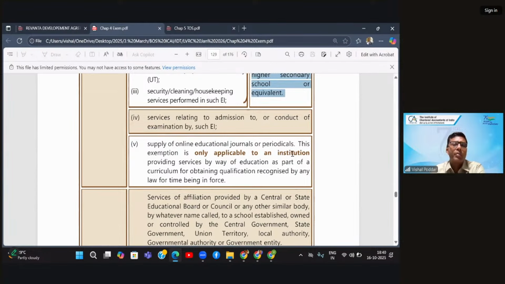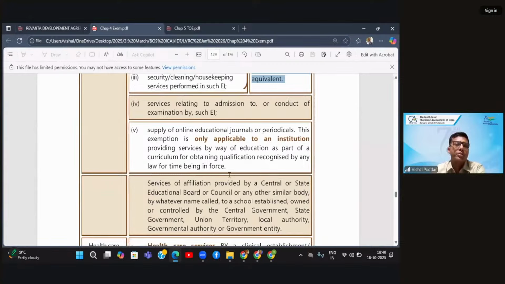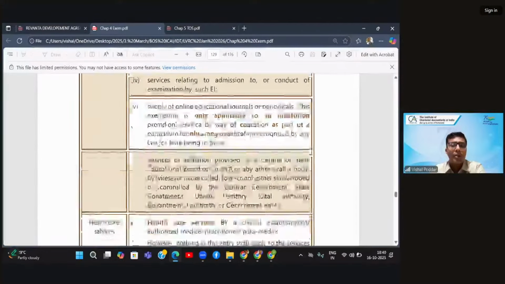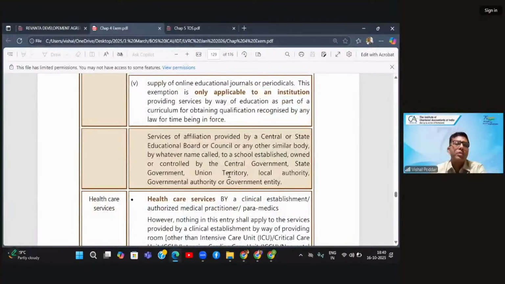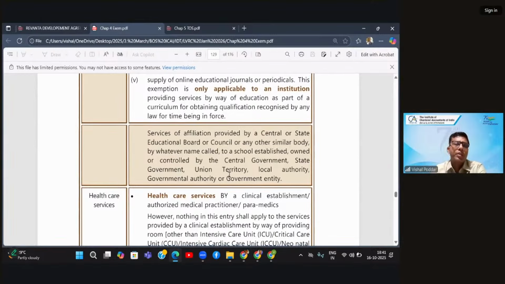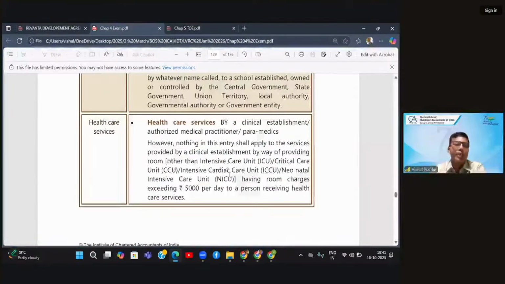This exemption is applicable to an institution providing services by way of education as part of a curriculum for obtaining a qualification. So this is again the service which is exempt for colleges. So here, depending upon what the inward service is, the exemption is allowed. We have to be clear as to which inward service we are talking about. Not all inward services are exempt to all the three. So there is a selective category.